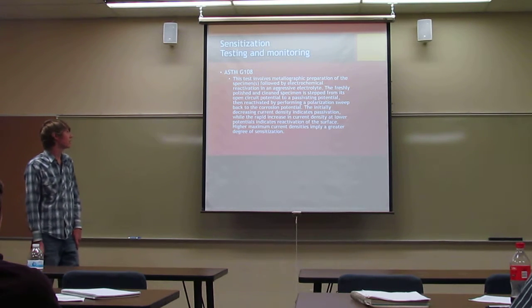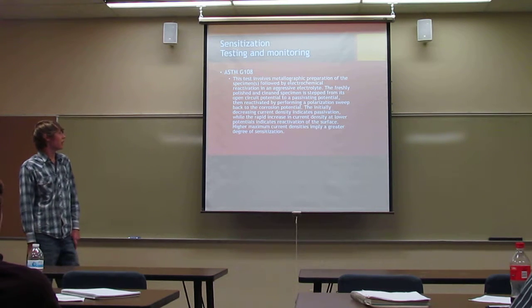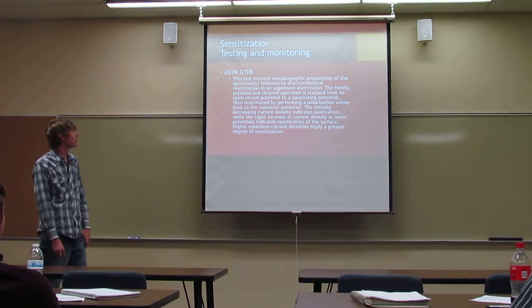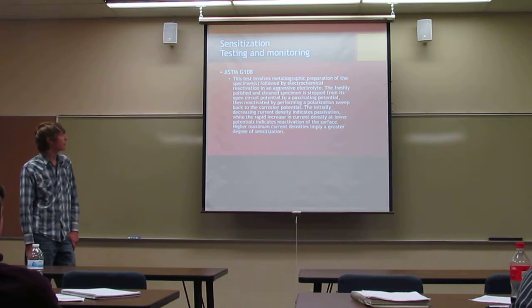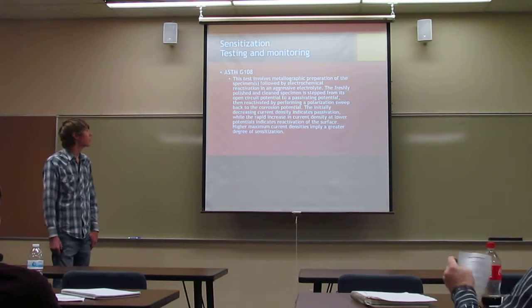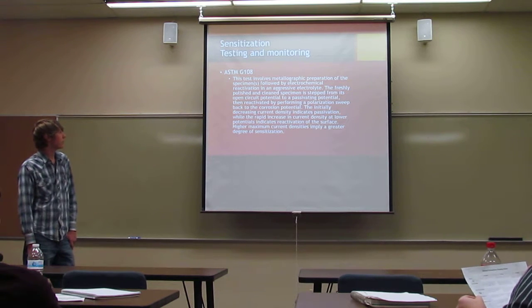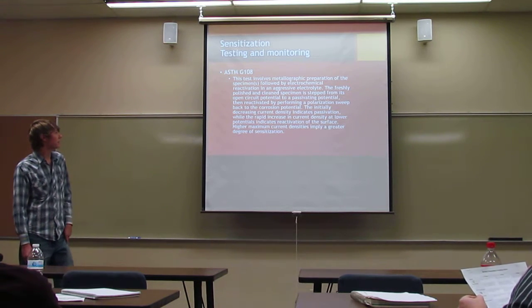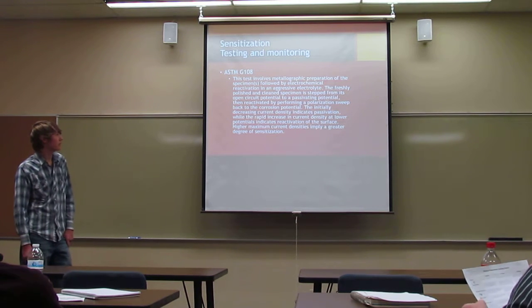This is ASTM G106. This testing involves metallographic preparation of the specimens, followed by electrochemical reactions in an aggressive electrolyte. The freshly polished or clean specimen is stepped from its open circuit potential to a passivating potential, then reacted by performing a polarization sweep back to the corrosion potential.